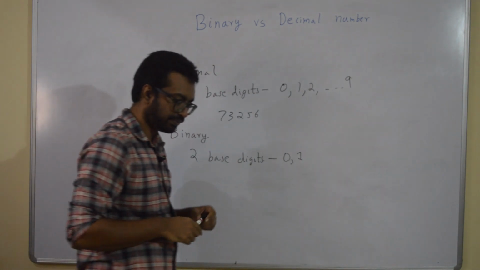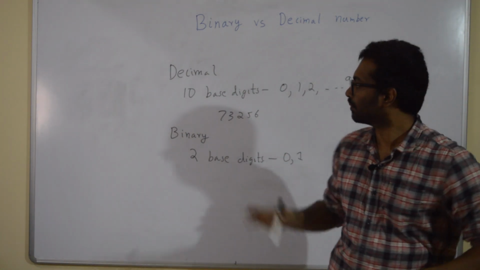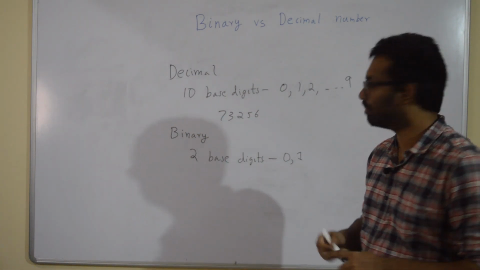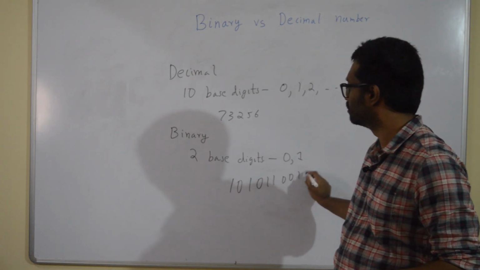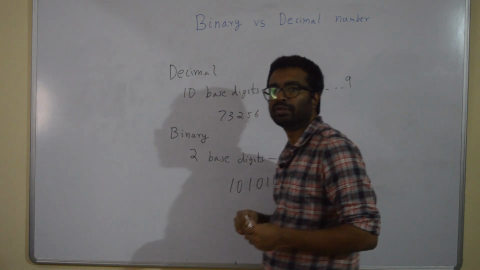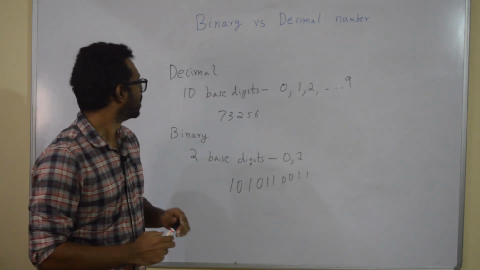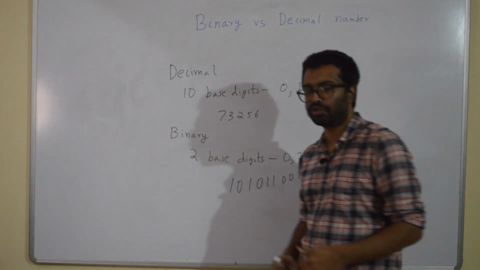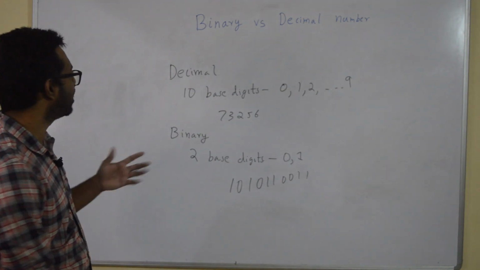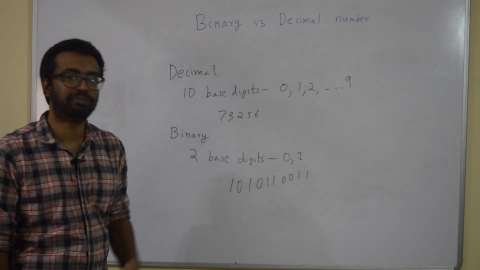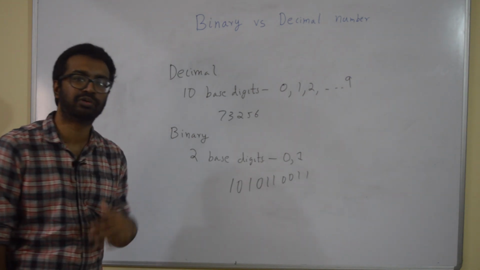And a binary number is basically some sequence of these base digits. So the next question we want to address is, how do I convert a decimal number into a binary number, and how do you convert back? How do you go from a binary number to a decimal number?